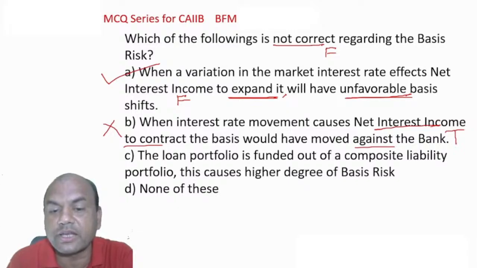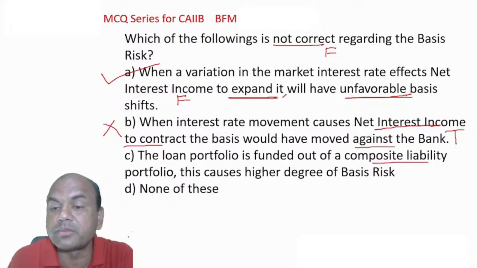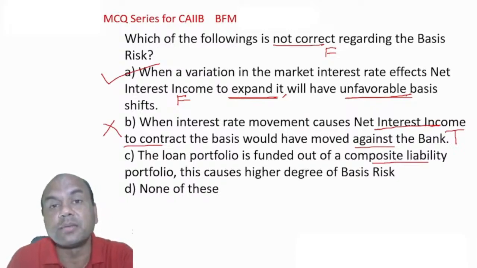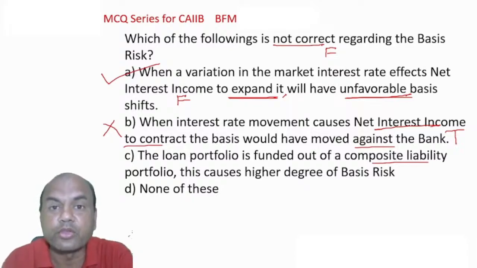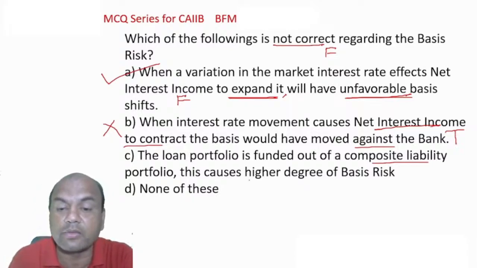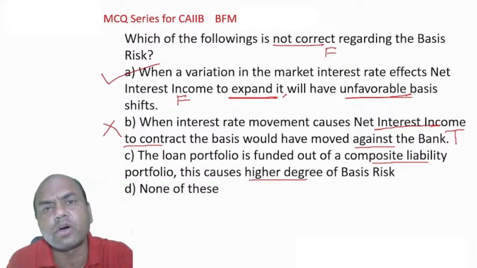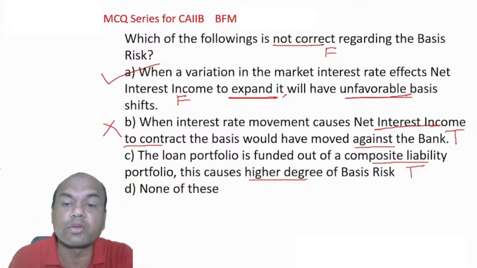This causes higher degree of basis risk. Composite means various liabilities. Liabilities can be saving, current, FD. If I am having the composite liabilities, this will cause a higher degree of risk to me, because all will change in different magnitudes. So that is true. We want a false one.